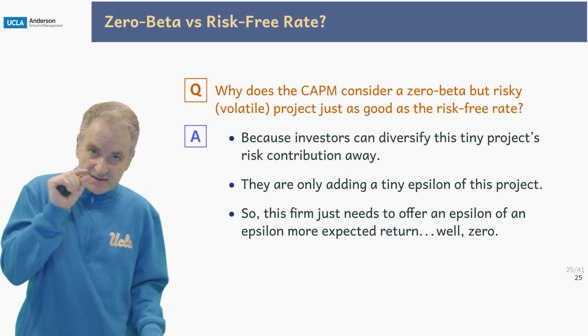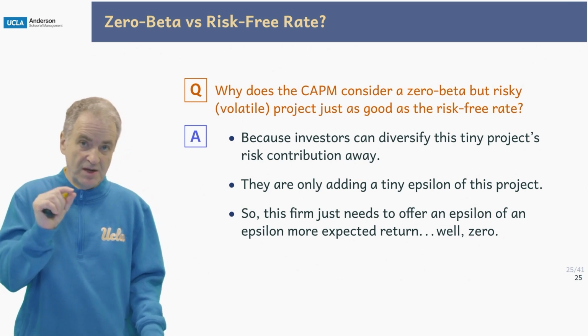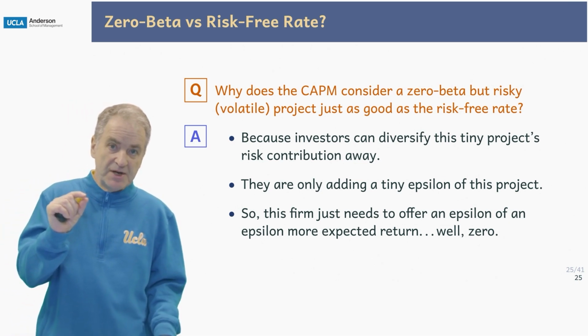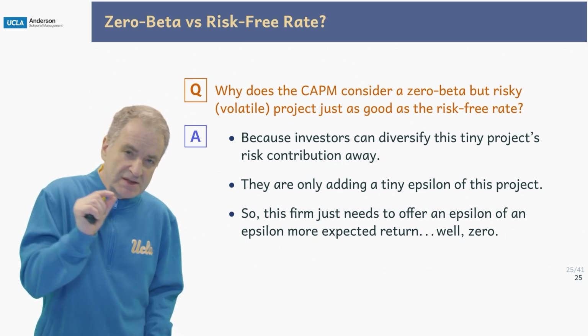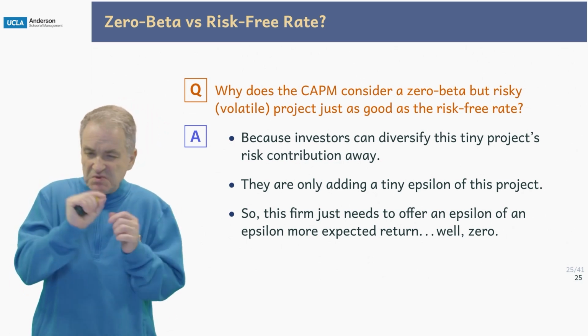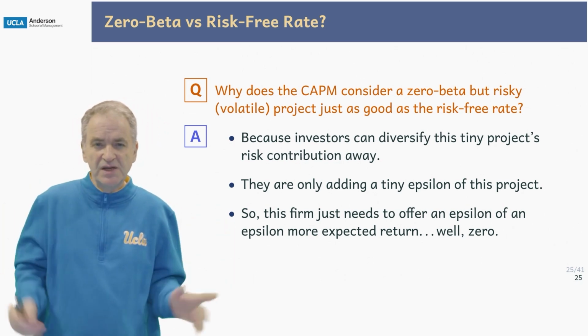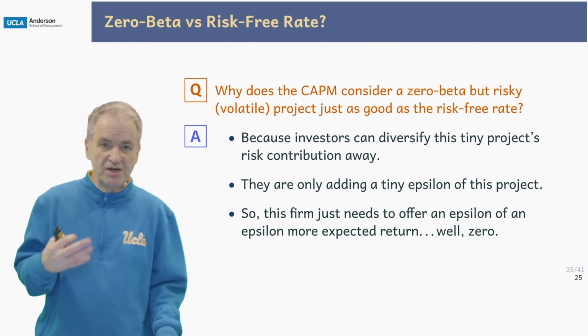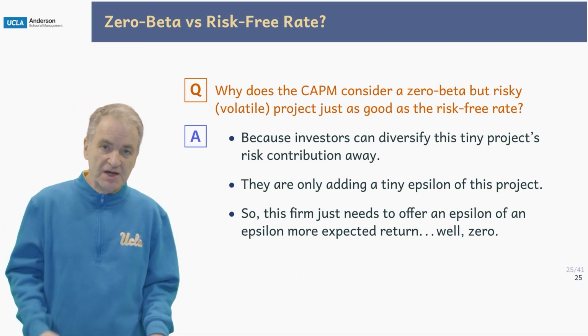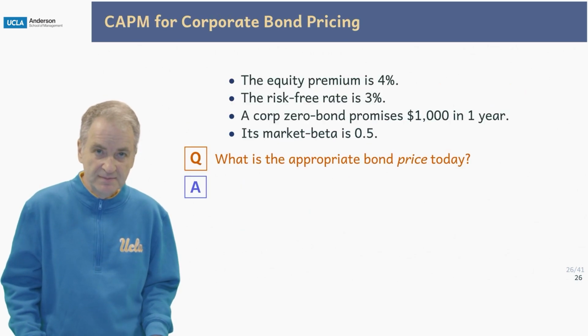Your project is tiny, usually even within your company. Then it's being held by many, many millions of investors. For them, it's only a tiny epsilon, which just wiggles a little bit. It doesn't really matter very much. So you don't need to offer a higher average rate of return for a project that has a zero beta.